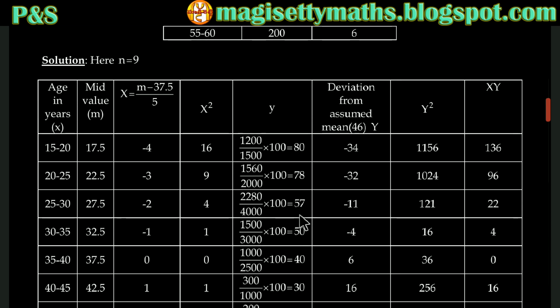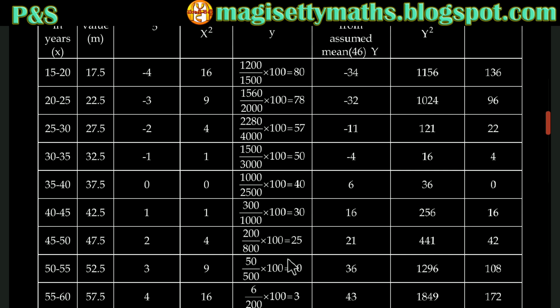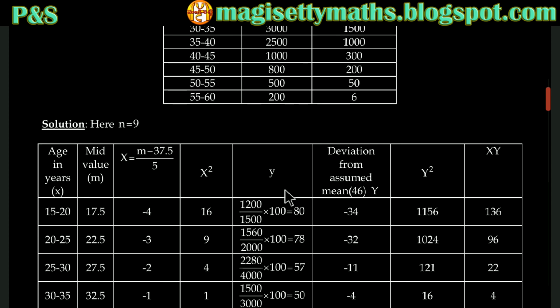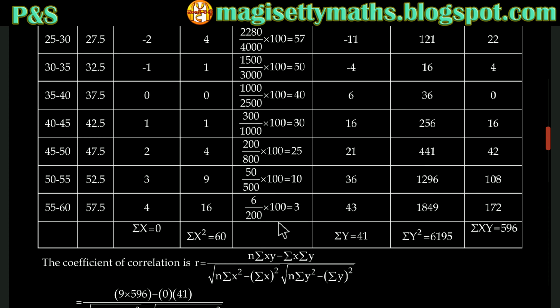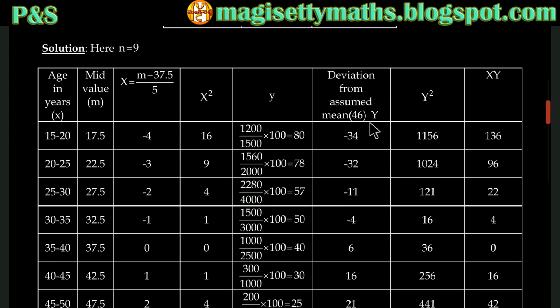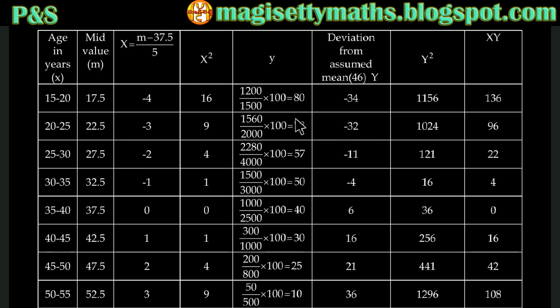In a similar manner, we can evaluate all these numbers, that is small y, and taking the deviations from the assumed mean gives the sample data. So capital Y is the deviation from the assumed mean. Here we take 46 as the assumed mean, that is the sum of data divided by total number, which gives approximately 46.